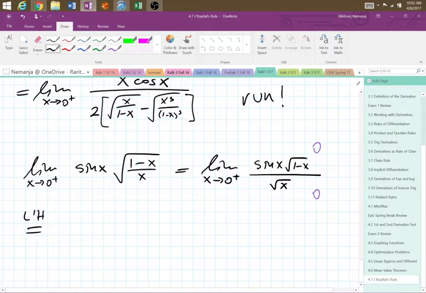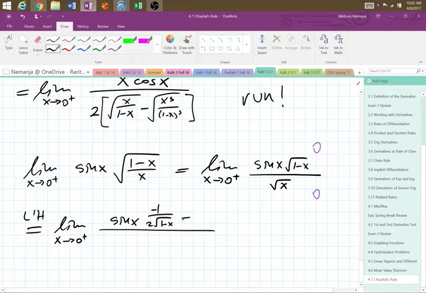You're going to have product rule in the numerator. So copy the first, take the derivative of the second, plus copy the second times the derivative of the first, divided by 1 over 2 root x.